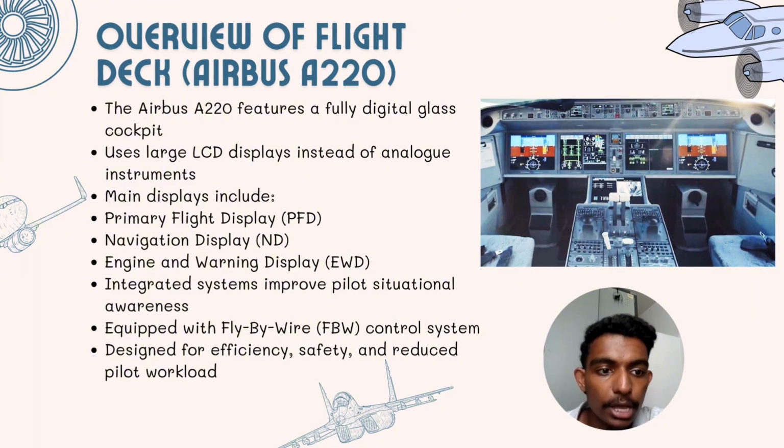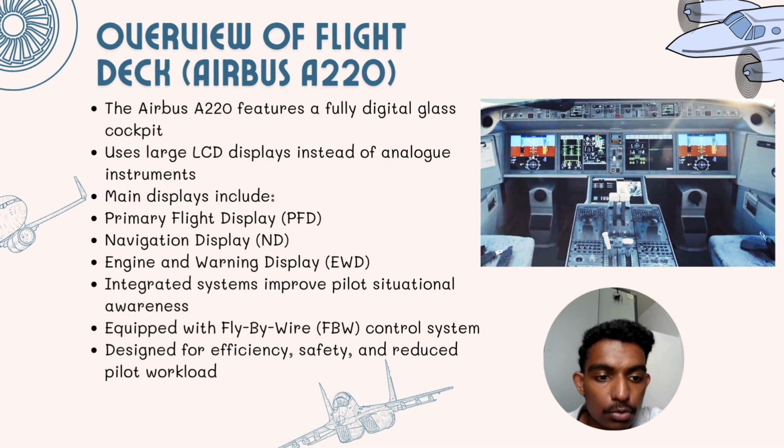The flight deck of the Airbus A220 is a fully modern glass cockpit, which means it uses digital screens instead of traditional analog instruments. The cockpit is equipped with several main displays, including the primary flight display, navigation display, and engine and warning display. These displays combine multiple flight information into one system, making it easier for pilots to monitor the aircraft.